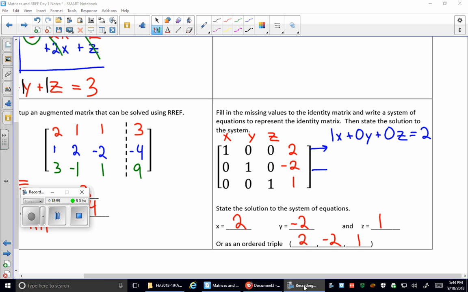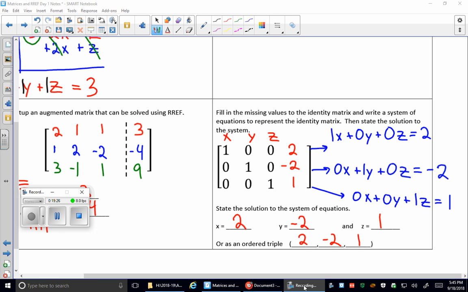This row is 0x plus 1y plus 0z equals -2. And one more time, this last row tells us 0x plus 0y plus 1z, 1z, equals 1.